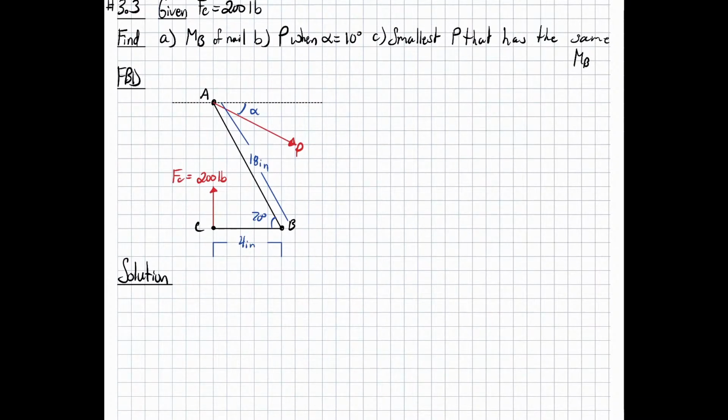Okay, so to start off, we're going to start with the first one. So we're going to do the sum of the moments about B is equal to 0. I'm stating that positive is counterclockwise. So we have a negative 200 pounds times the 4 inches. The way that I do my moments is I take the force times the perpendicular distance.